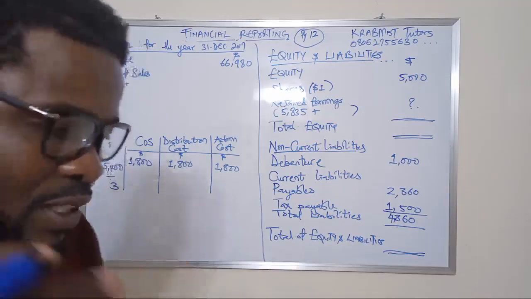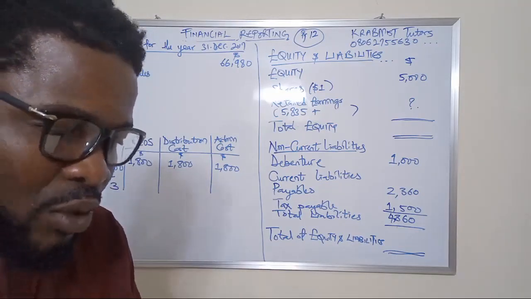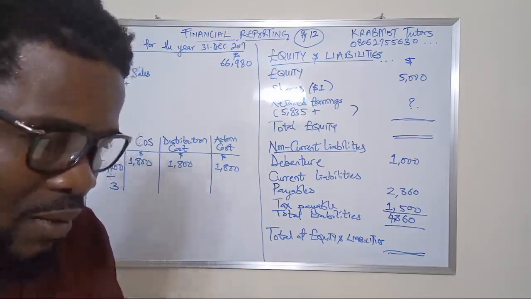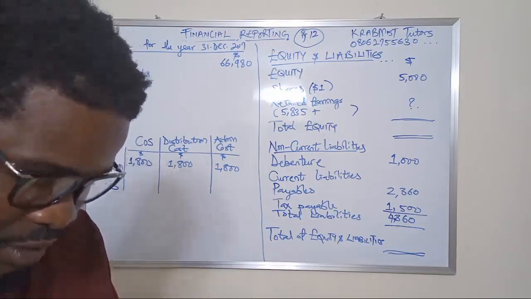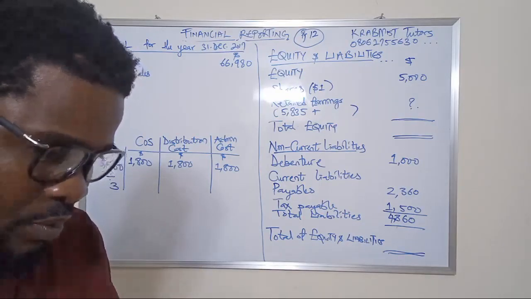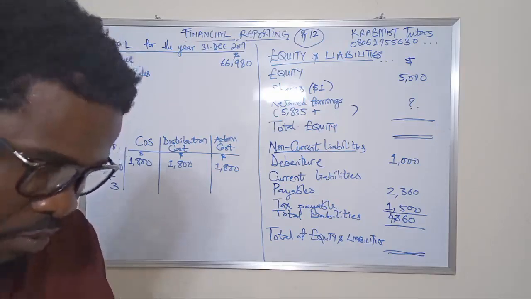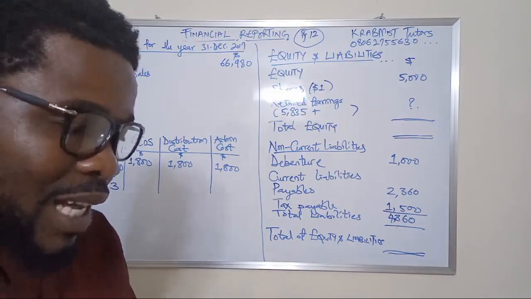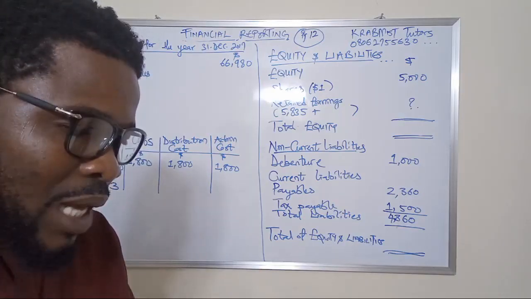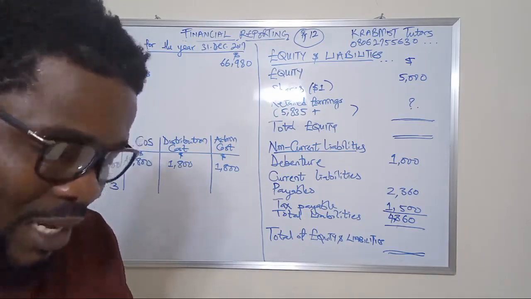Now let us visit the other things which we have not ticked off in the trial balance. Equity ticked off, retained earnings ticked off, revenue ticked off, staff cost we just did, cost of sales. Now inventory. It says inventory at 1st of January 2017 is 3,930.